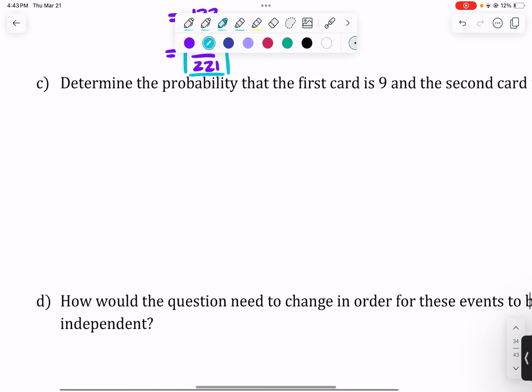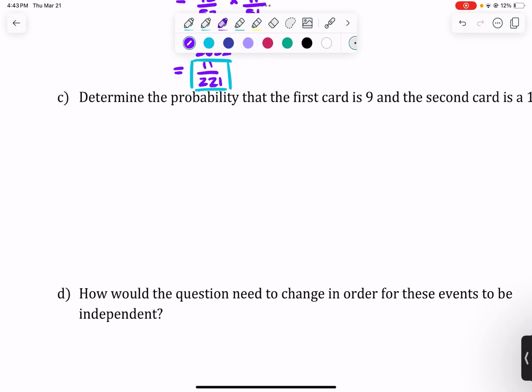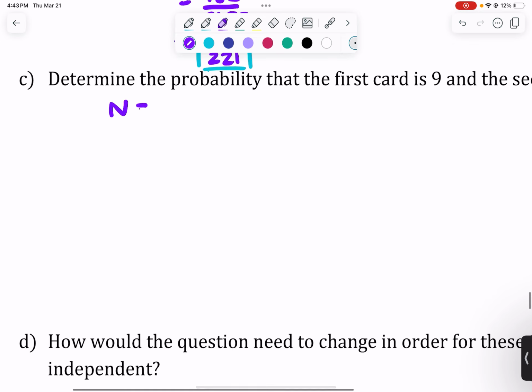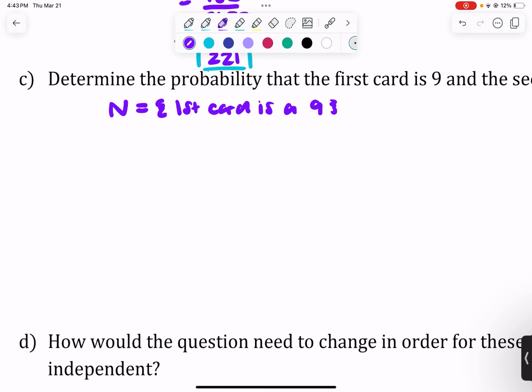Okay, the next one, determine the probability the first card is a 9 and the second card is a 10. I'm going to use some different letters here just to spice things up. I'm going to use N, that my first card is a 9. And I'm going to use T for my second card is a 10.